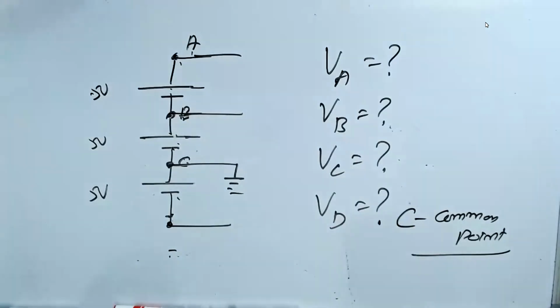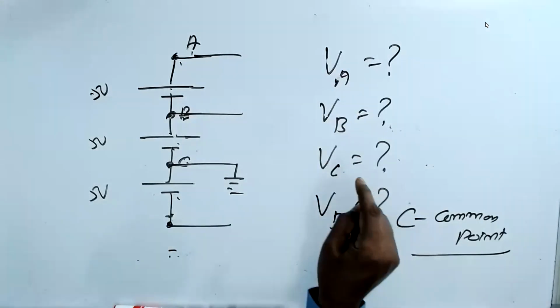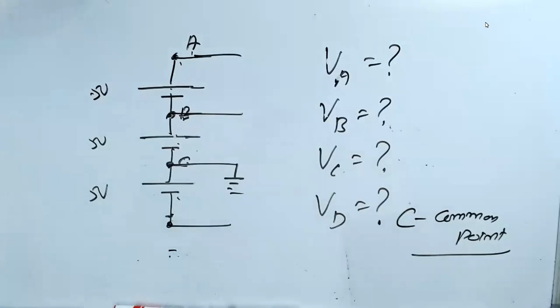Can anybody? Please. I made C a common point now. So if I say VA means VAC, VBC, VCD, VDC. Now what are the voltages? What is VA?